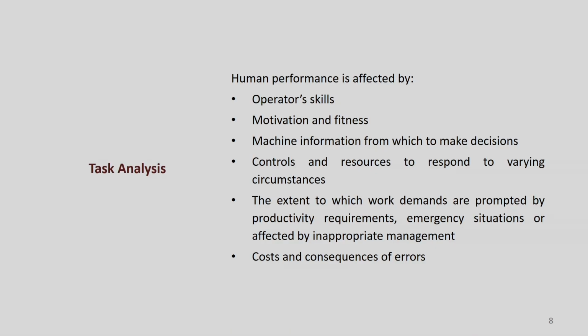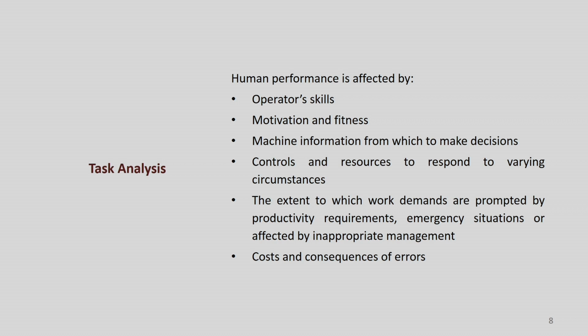Then motivation and fitness, then machine information from which to make the decision. Suppose there is a display saying that the dust bag is full or the machine is on. How the operator perceives that information and, at the level of cognition, takes the decision. Then controls and resources to respond to varying circumstances.